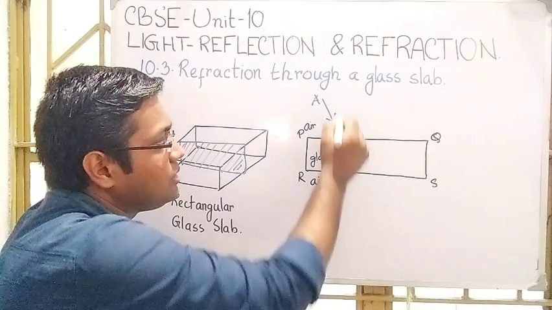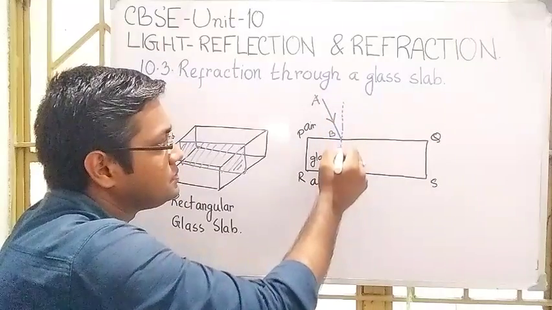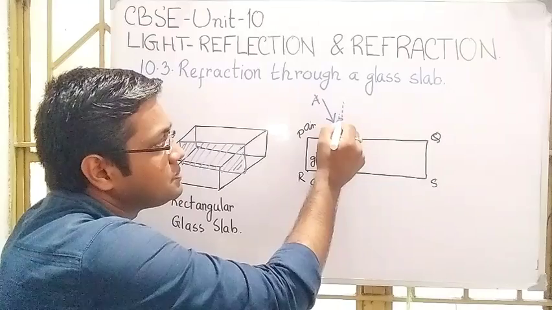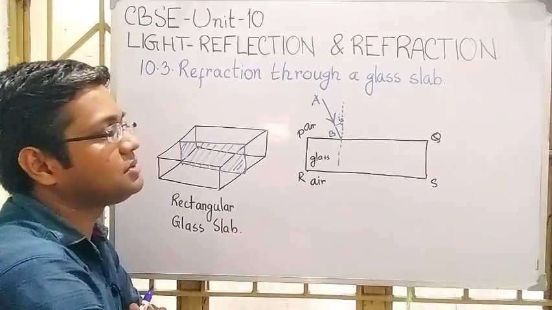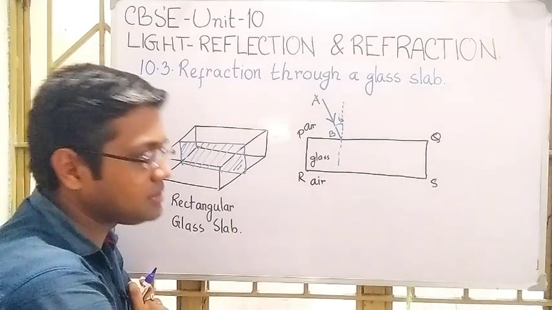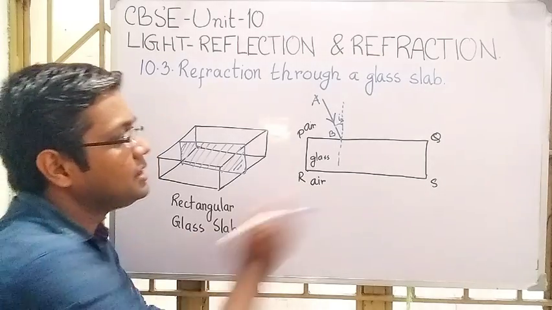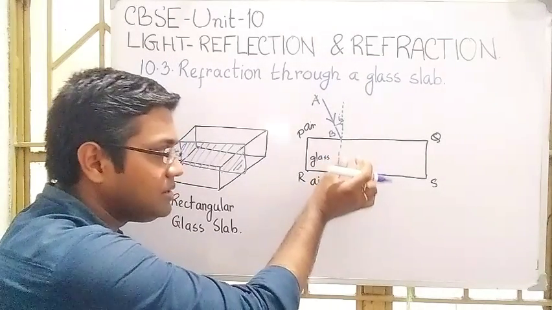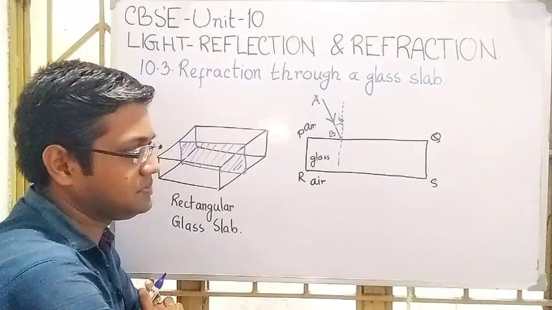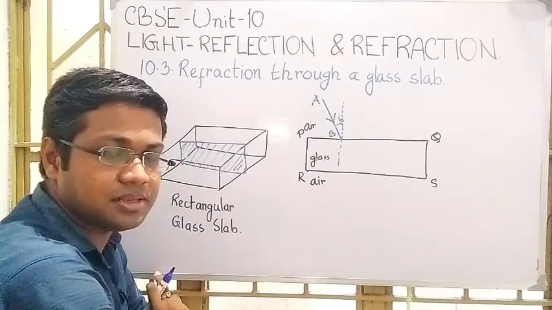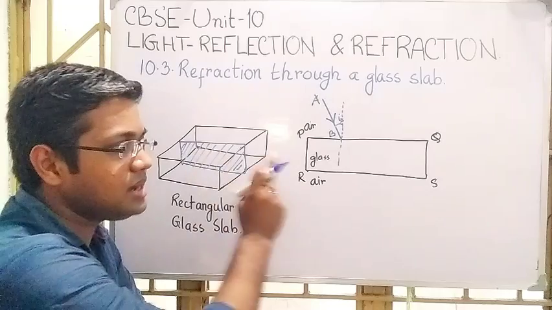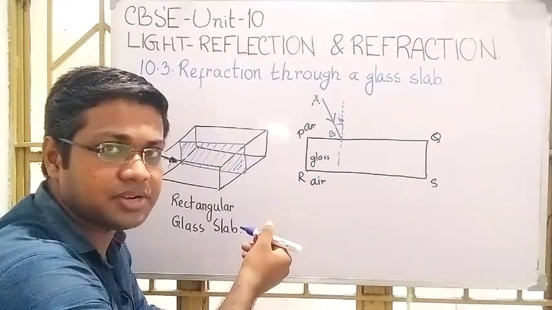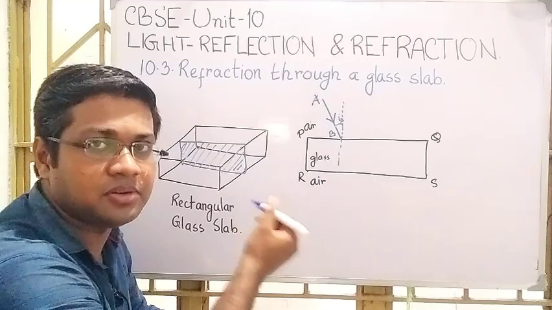Then we can draw a normal. Let I1 be the angle of incidence for the first surface PQ. Since the glass is a denser medium than air, the light ray after refraction will bend away from the normal.